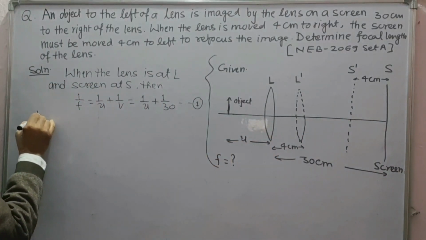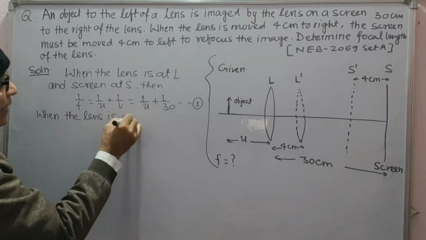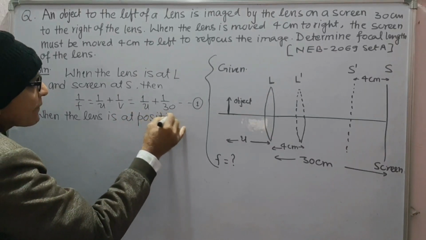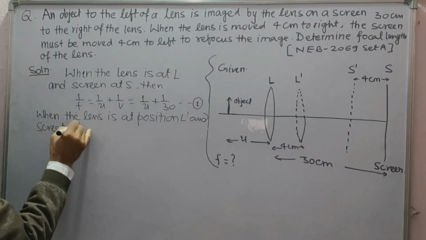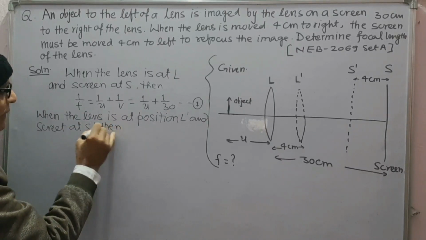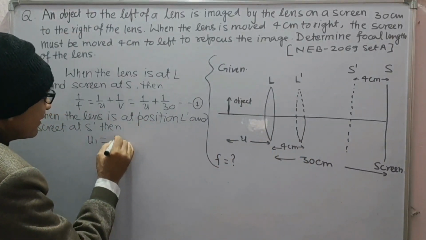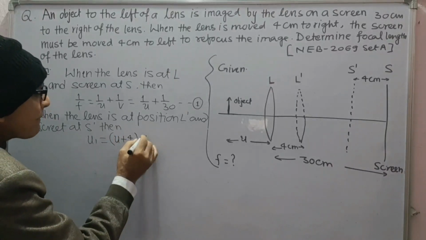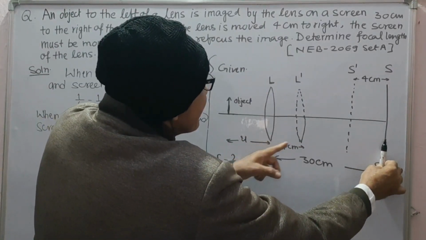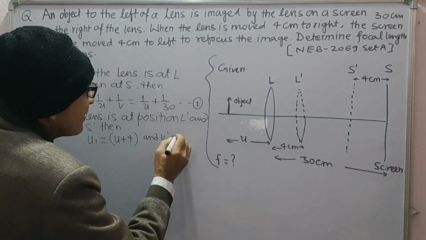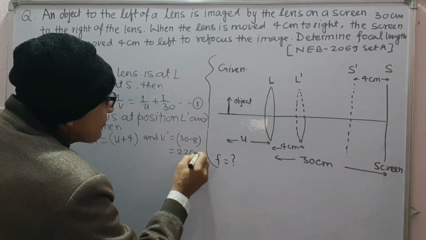So, in the second case, when the lens is at position L dash and screen at S dash, then U dash will be equal to U plus 4 and V dash will be equal to, this distance means total 30 cm minus 4 cm minus 4 cm, 30 minus 8 is equal to 22 cm.